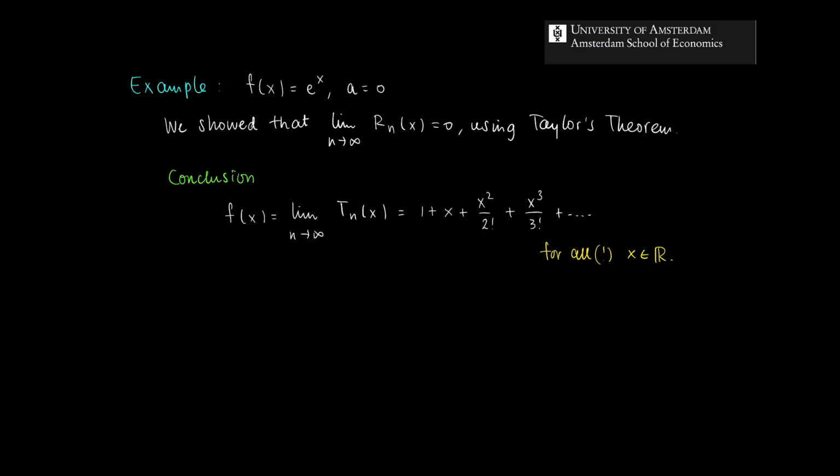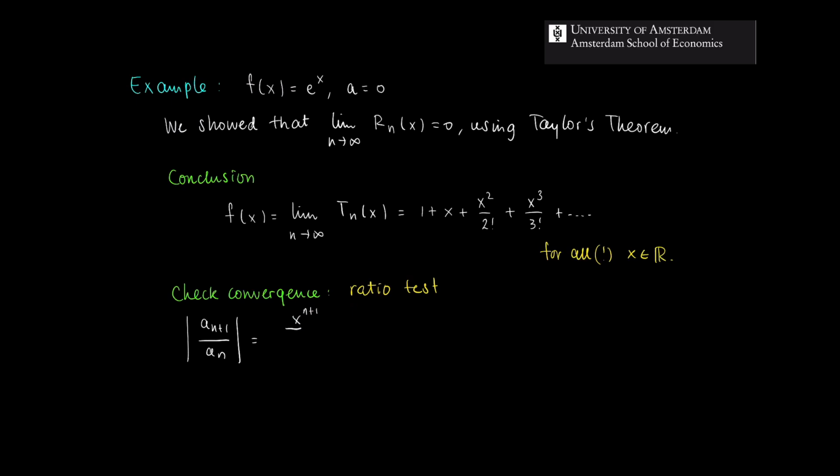Okay, we might check for convergence. So we have a look at this power series here on the right. This converges for all x since we can just apply the ratio test, where a_n equals x to the power n divided by n factorial.